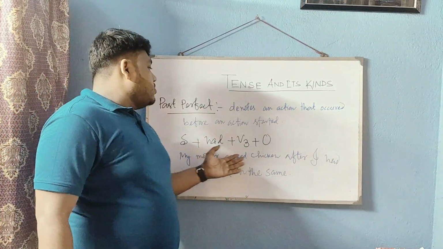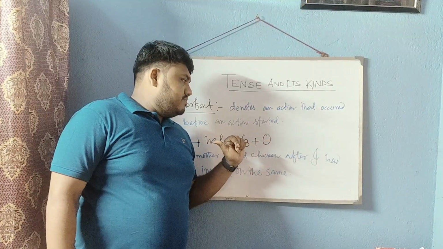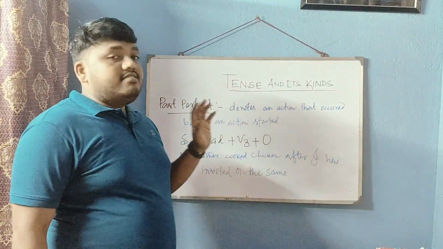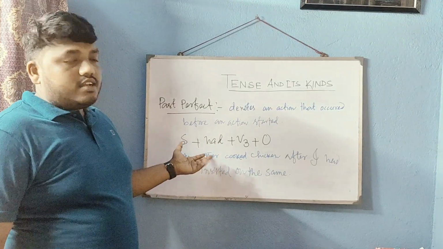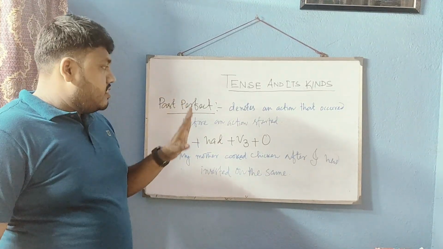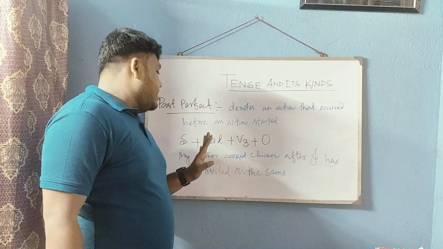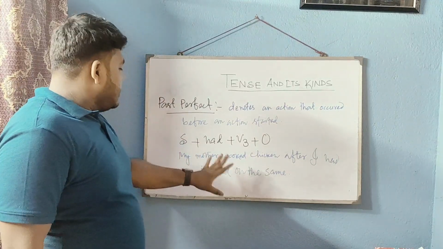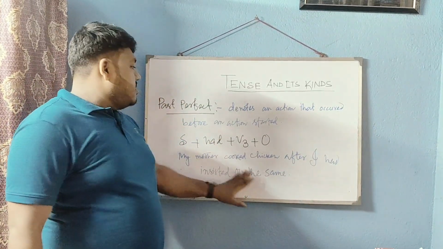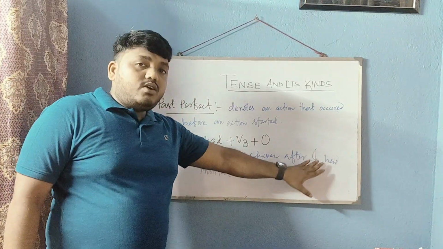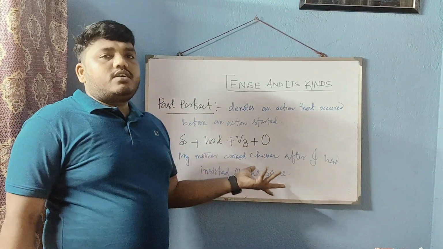So my mother cooked chicken, it happened later, and I insisted on it, which happened before my mother started cooking. So that action must be written in the past perfect tense. Same I have written here. My mother cooked chicken after I had insisted on the same. So you insisted on it and your mother started cooking.